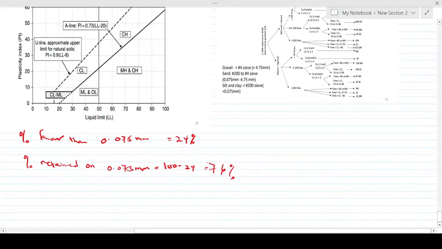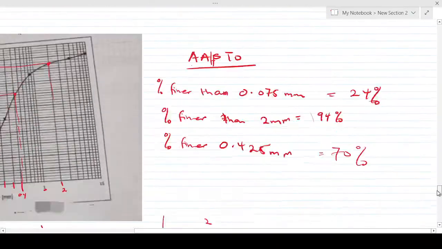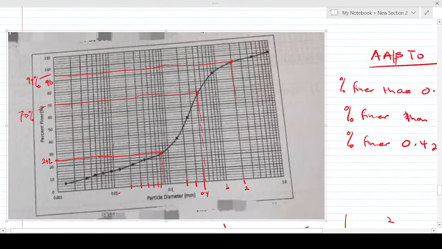Now, you also need your percent passing through the 4.75 millimeter sieve, so we'll go and check that one as well. Let's go to the graph. So this is the graph.